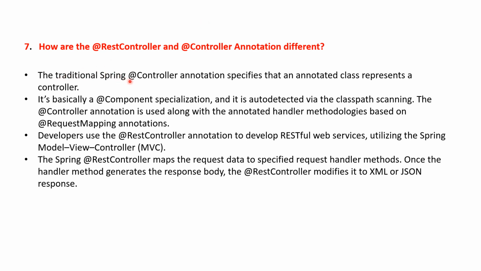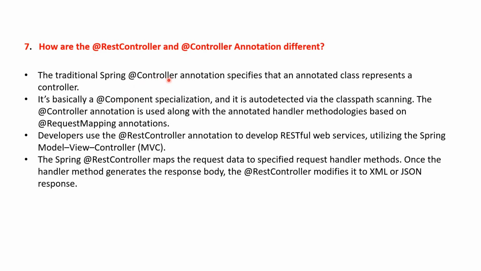The traditional Spring @Controller annotation specifies that an annotated class represents a controller. Whenever we annotate some class with the Controller annotation, it specifies that the class is a controller class, and it's basically a @Component specialization. We have this Component annotation, right?